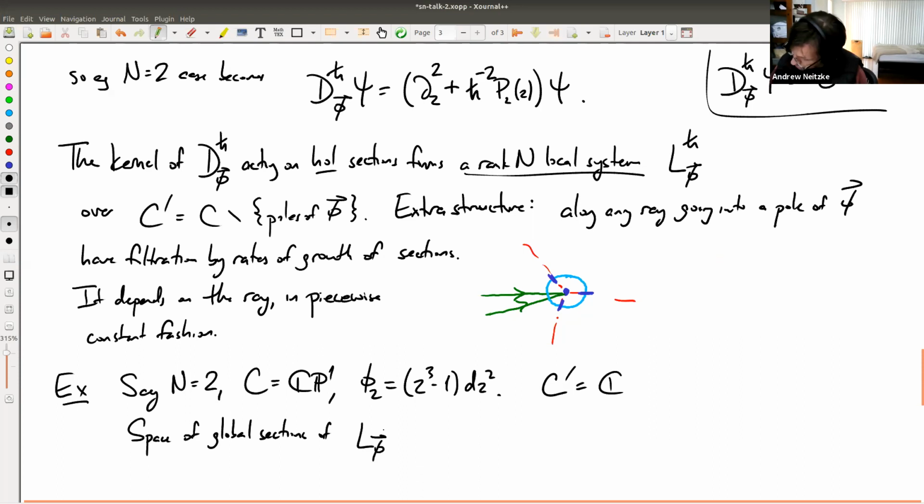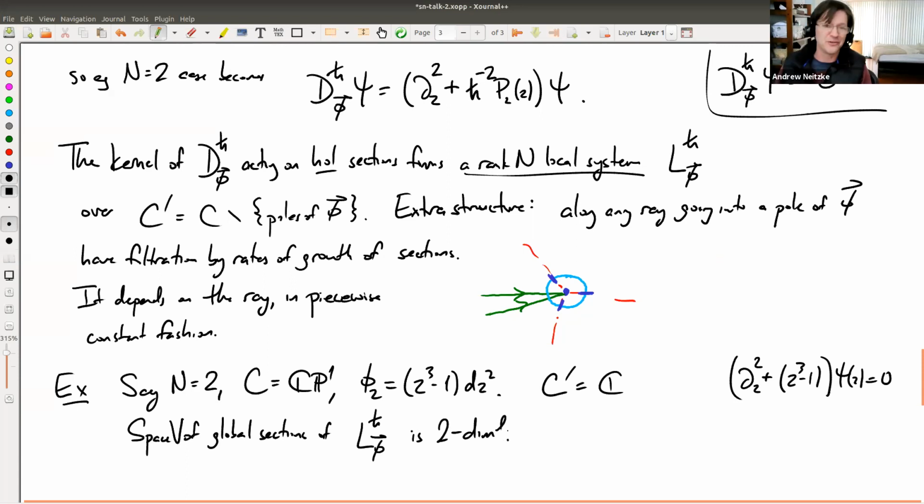So write the cubic Schrodinger equation that we wrote before. Here the equation is literally d by dz squared plus z cubed minus 1 acting on a function psi of z is 0. That's the equation that we're studying. It's a two-dimensional space of solutions. Let's call that space B. So it's just a two-dimensional complex vector space.